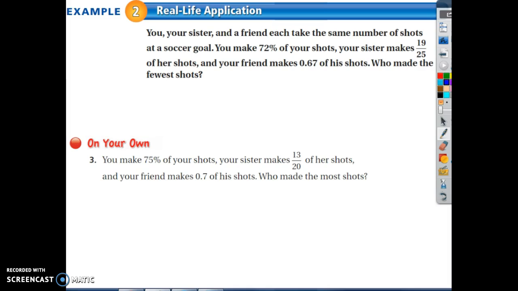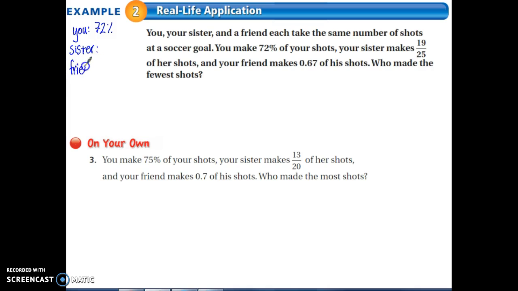It doesn't matter which one you pick. I'm going to go ahead and pick percents. So right now you have 72% of your shots made. We're going to find your sister's in terms of percentages, and then we are going to find your friend's in terms of percentages.